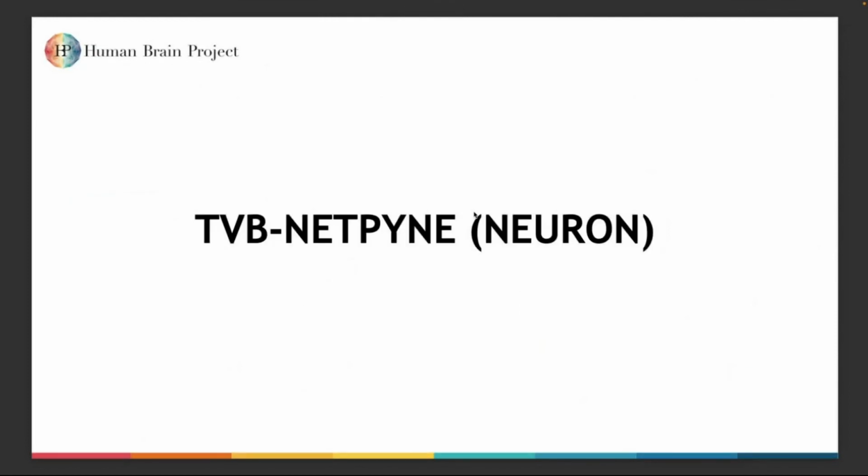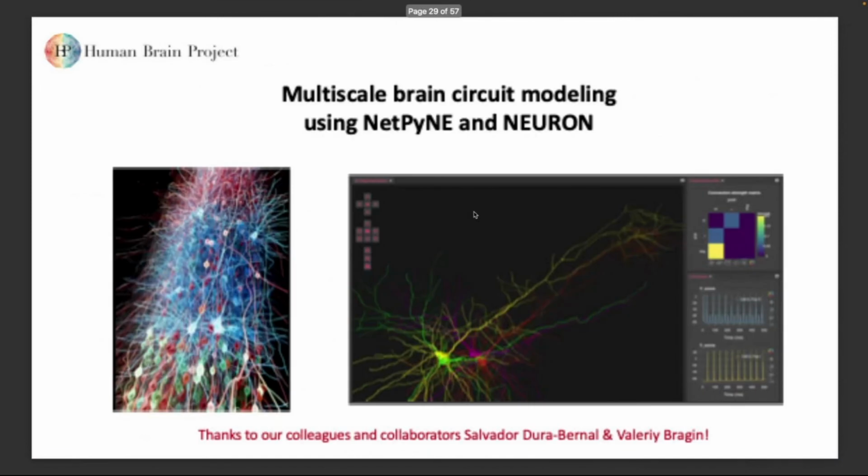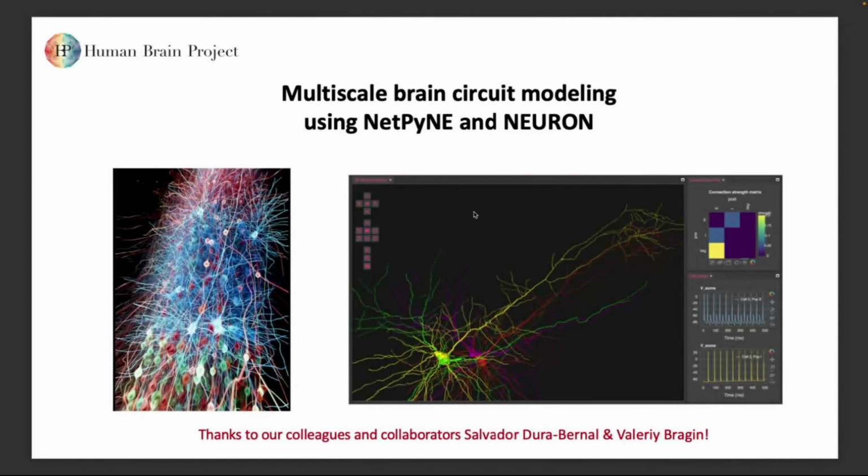This time, some colleagues of ours have implemented a TVB NetPyNE interface. NetPyNE is actually a Python interface to the NEURON simulator. So why is this important? Because NEURON is the simulator that is mostly used in the literature.